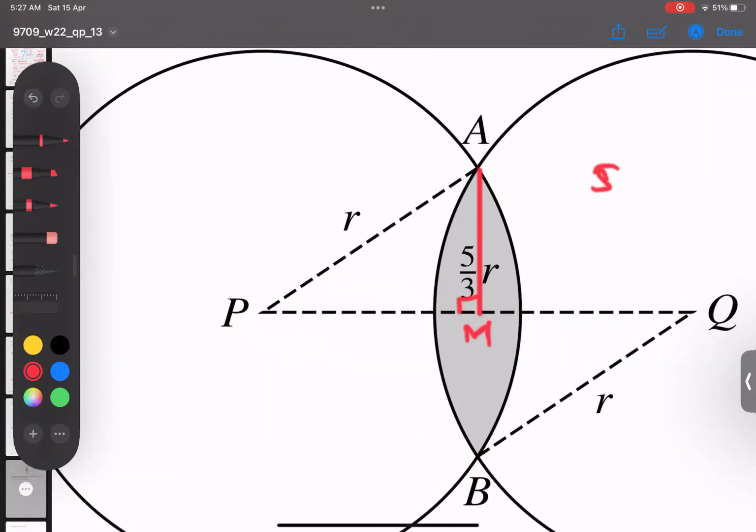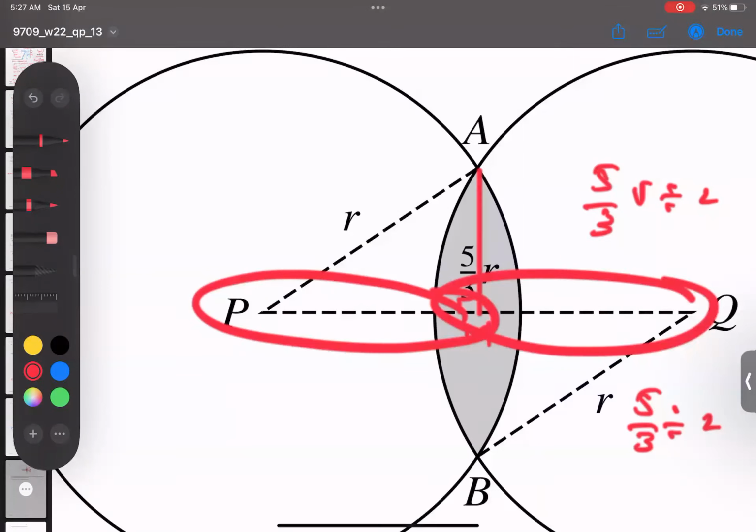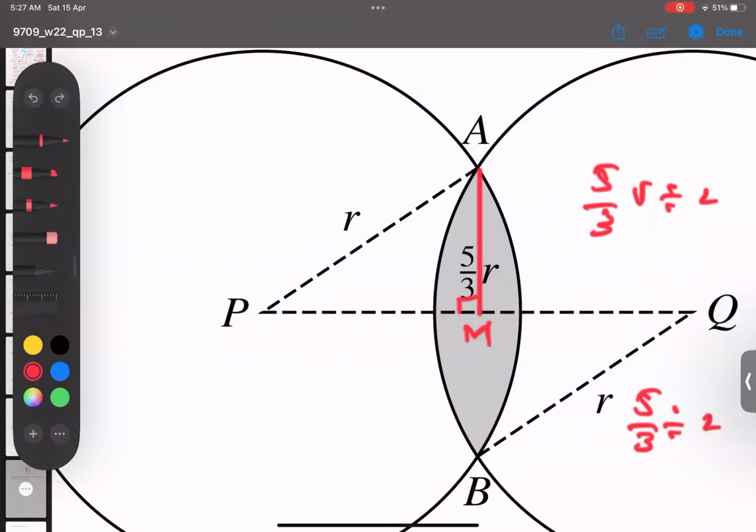So 5/3 R divided by 2. You can check even with a calculator, 5/3 divided by 2 will give you 5/6. So PM and MQ are both 5/6R. So I'm writing here 5/6. I believe you understood very well what I'm explaining up till now.